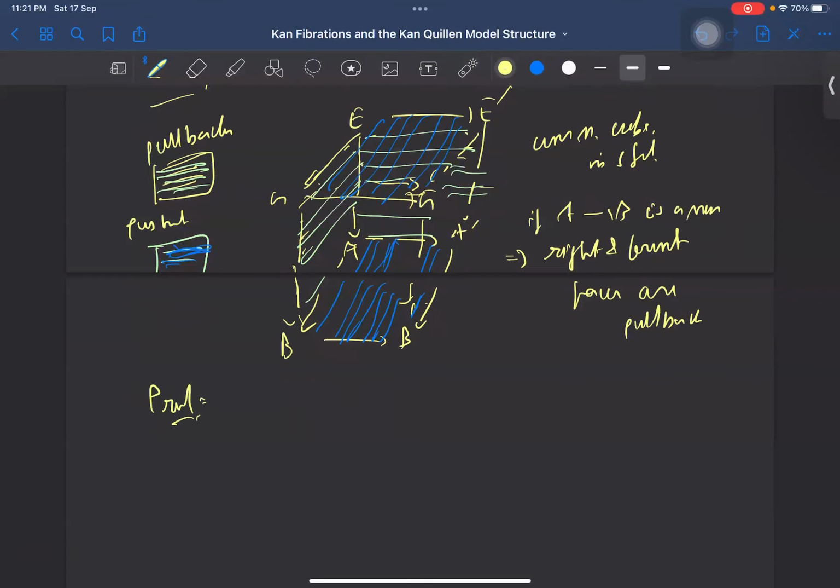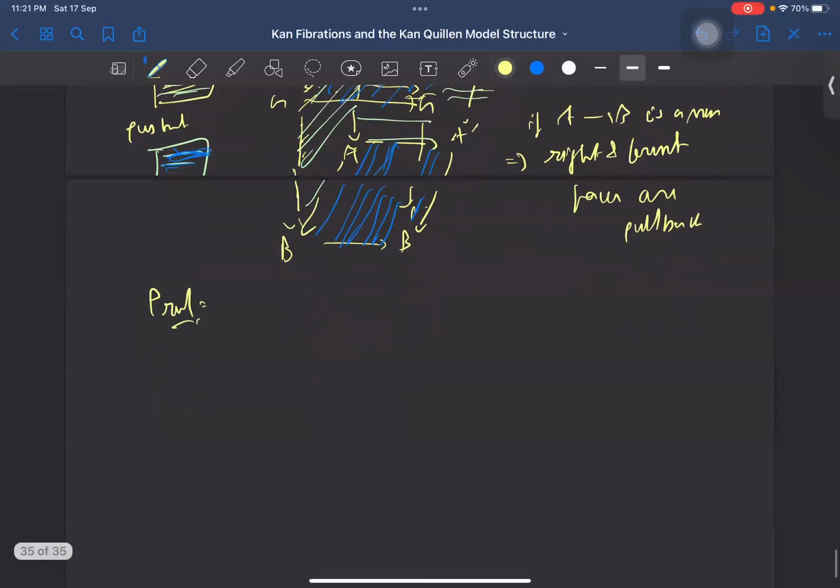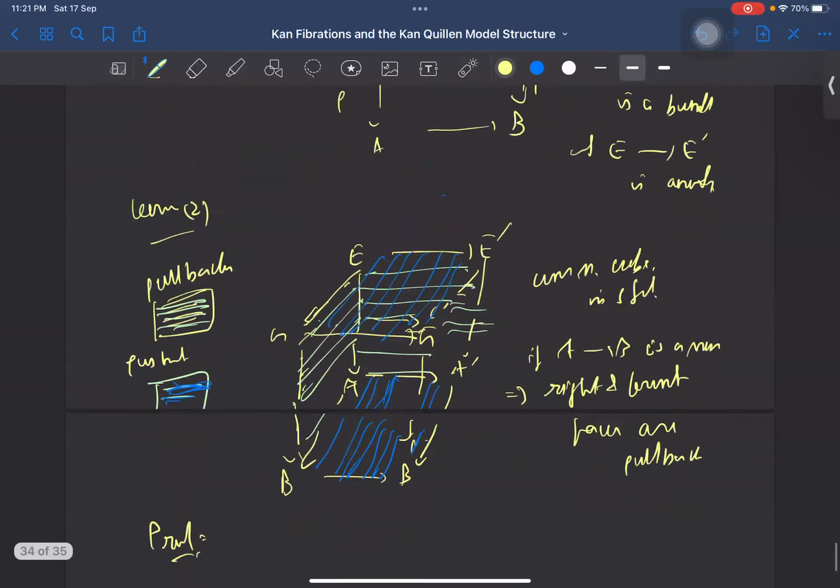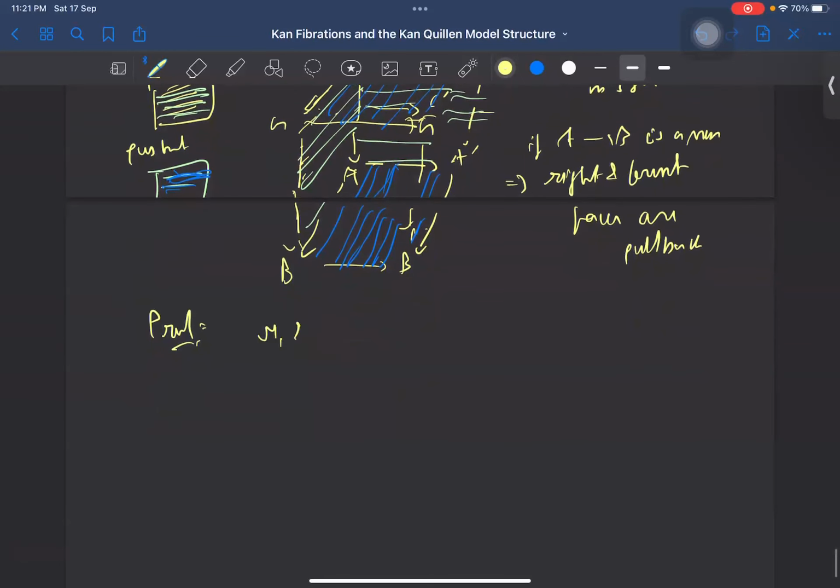Right, so now I'll give a proof of the main theorem. Again, I won't prove it completely. The axioms that I stated, M1 and M2, are clear, obvious. M3 follows by the definitions of acyclic fibrations and acyclic cofibrations. You can check that.